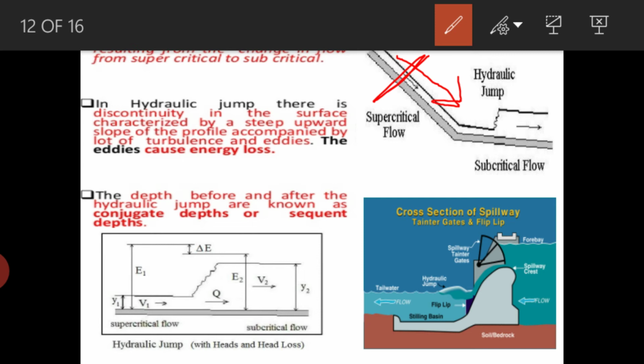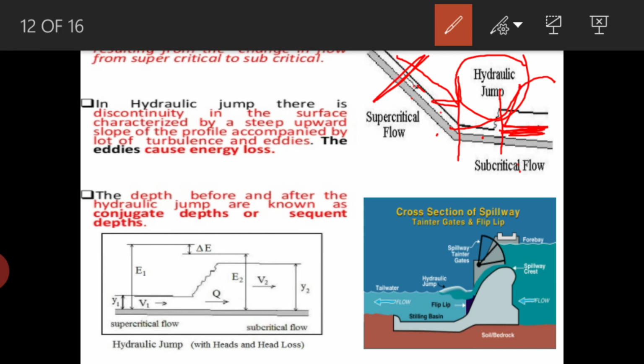Then the moment it comes in contact with the flatter slope here, suddenly the depth increases. Then the kinetic energy is killed here, meaning dissipation of energy takes place, from supercritical flow to subcritical. While dissipating the energy, it will jump like this. That particular jump is what we call a hydraulic jump.